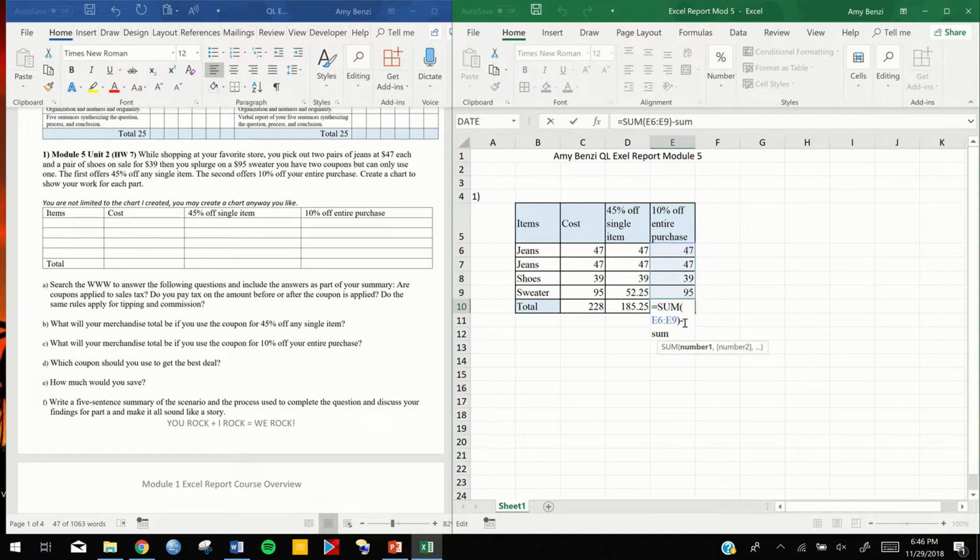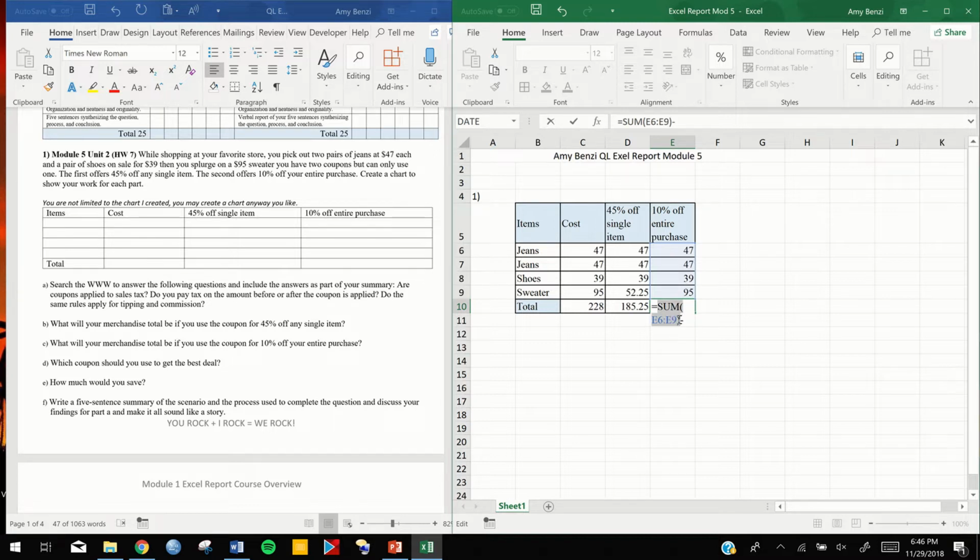Oh, it didn't let me do it. All right, so I'm probably confusing you. What is the sum of those 4 cells? It's 228. So I'm trying to do 228 minus 10% of 228, and I'm trying to do it fancy with some of the cells. So let's see if I could do it this way.